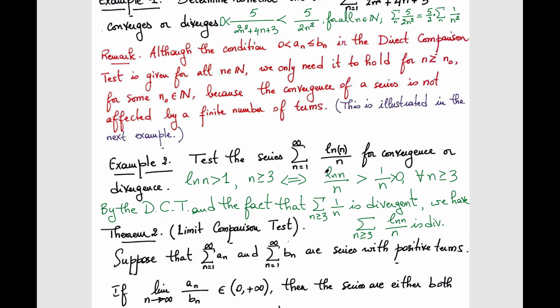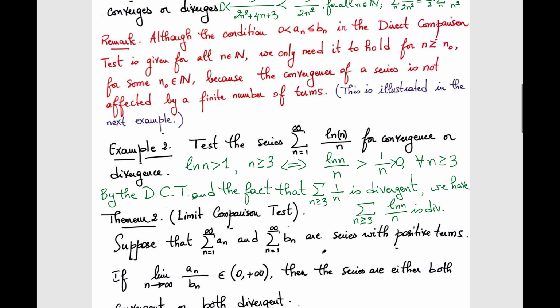When n is bigger than or equal to 3, this guy is positive. So this is going to be positive infinity, and if you add to it a couple more, namely the first and the second term, this remains divergent. So adding a finite number to infinity, that remains, what is it? That remains infinity. So the whole thing is going to diverge, correct? So I'm going to let you complete the details. So probably one more thing you can write is that the whole thing is divergent too. Okay.